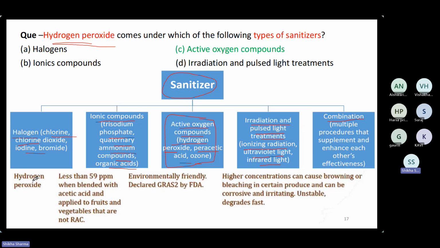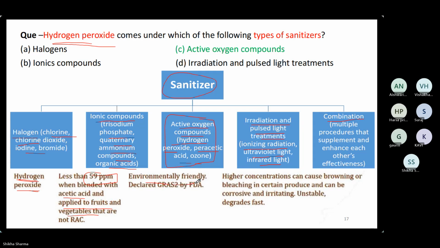As per usage, hydrogen peroxide should be used at less than 59 ppm. It can be blended with acetic acid and applied to fruits and vegetables.